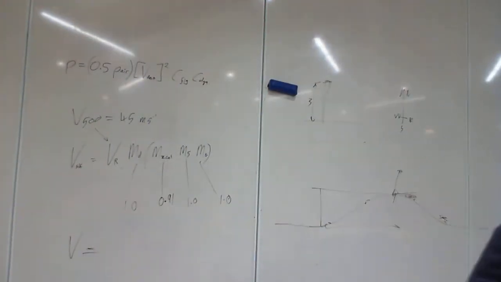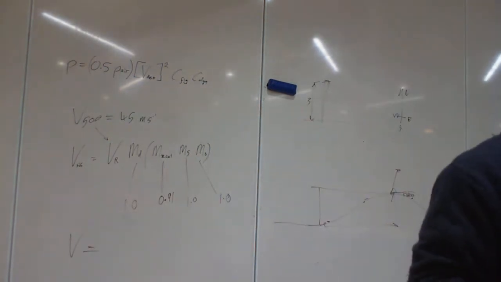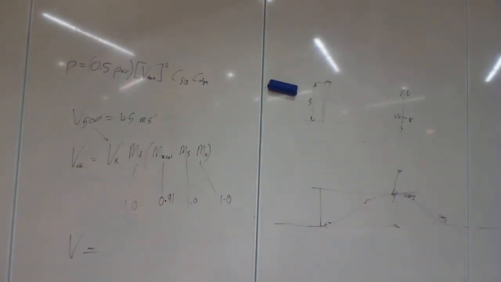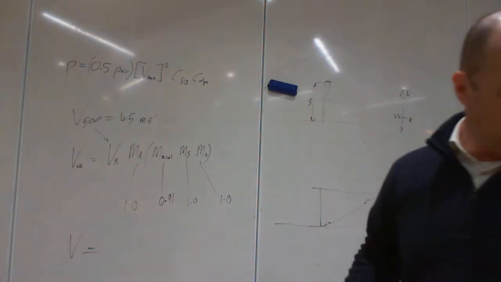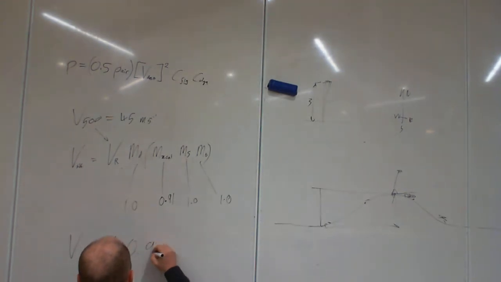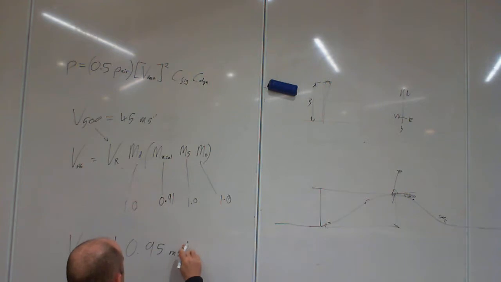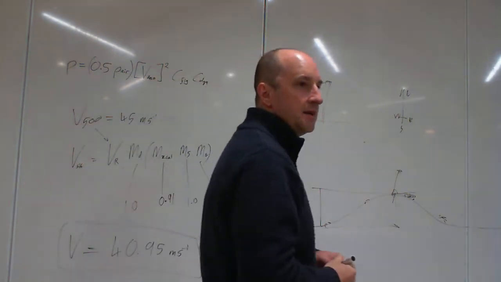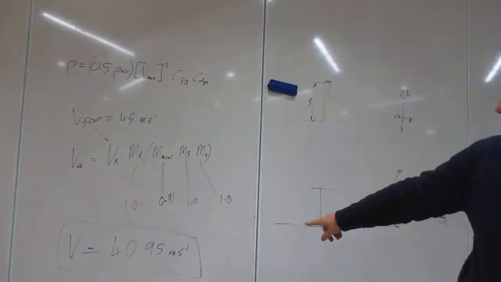All right, I will. 0.91 is 40.95 meters per second. Okay? That's the design wind speed for your wall. All right?